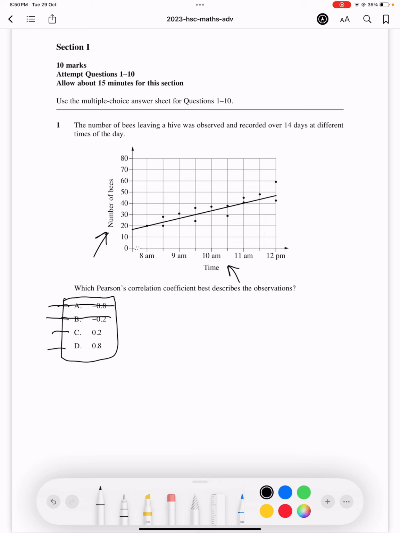Now, a Pearson correlation coefficient of 0.2 is very low. And what that would look like is a scatter plot that has dots that are quite far away from each other and quite far away from the line of best fit.